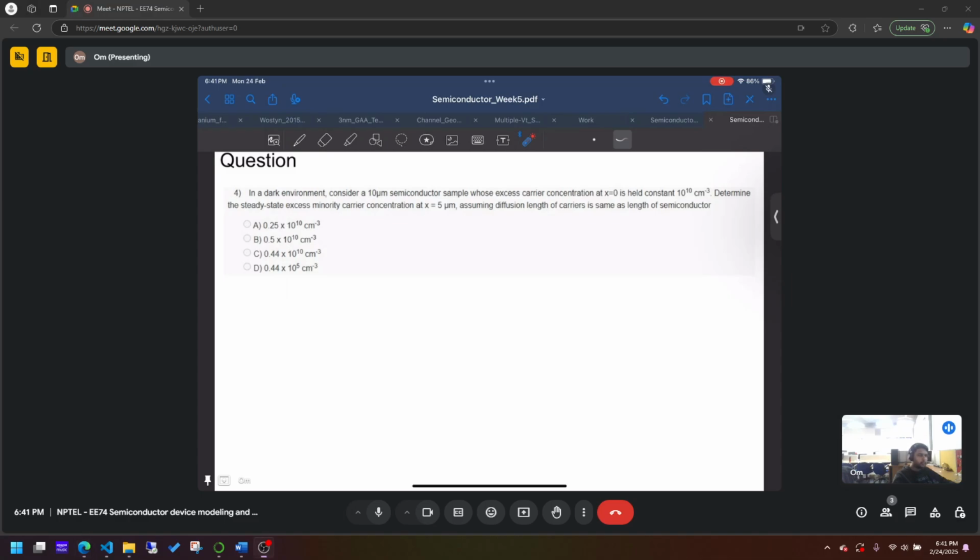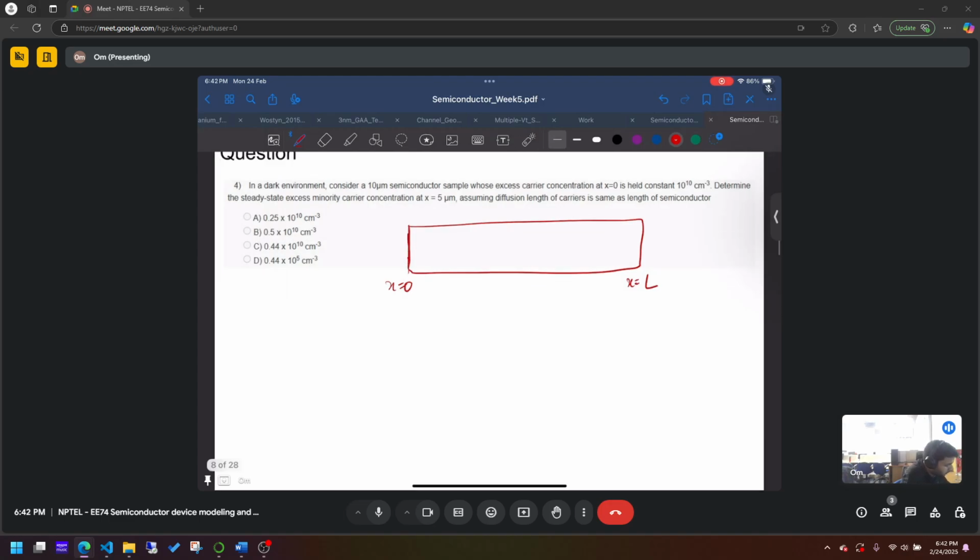Okay, so let us solve this question. What we have here is a block of semiconductor situated in a dark environment, 10 micrometer in length, so L equals 10 micrometer.